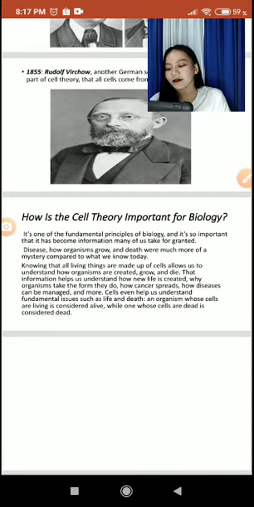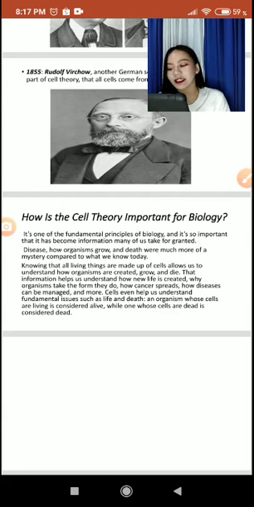Cells even help us understand fundamental issues such as life and death. An organism whose cells are living is considered alive, while one whose cells are dead is considered dead. Before the cell theory existed, people had a very different view of biology.